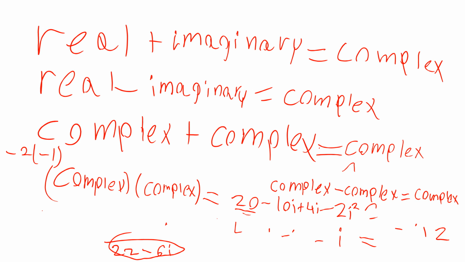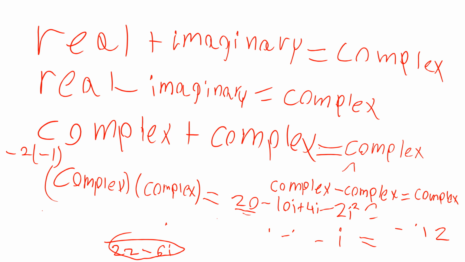We have a real number minus an imaginary number, which we see at the top, that if we have a real number minus an imaginary number, we're going to get a complex number.